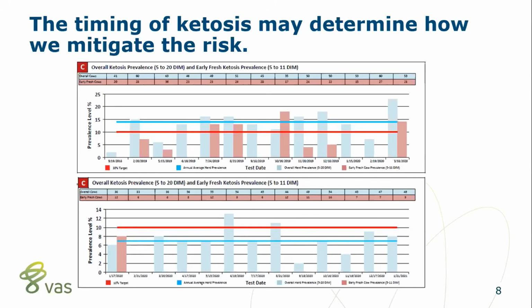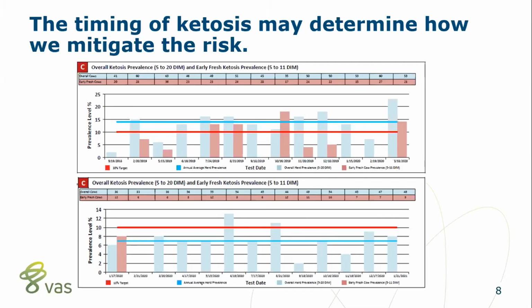Block C paints a really different picture on the bottom here. So here we've got a herd that for the previous 11 months or so, we have not detected any early fresh cow prevalence. Part of this goes back to data integrity. I'm going to talk about that at the end of this presentation.